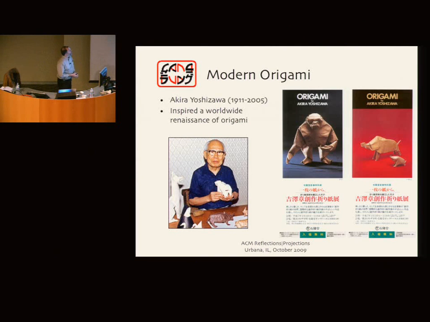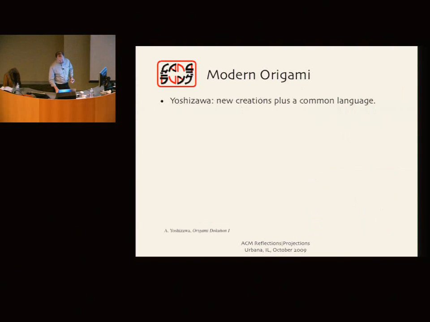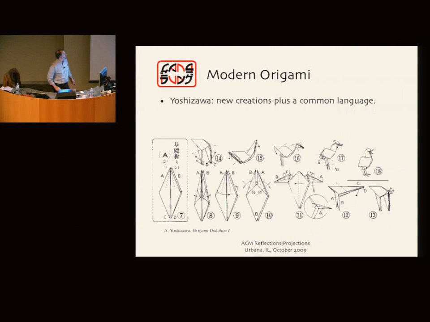But even more important than his own creations, he did something else. He created a language. He created this system of dashed lines and arrows and dotted lines that had a very specific meaning that allowed people to communicate how to fold an origami figure very simply and clearly from one to another. And that enabled a new mode of creation in the world of origami.